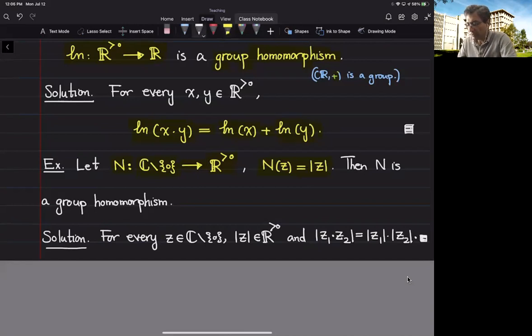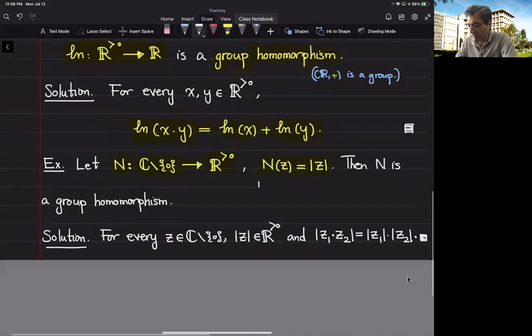So let's recall that the absolute value of x plus iy for real numbers x and y is the square root of x squared plus y squared. So intuitively, it is the Euclidean length of the segment that connects 0 to z, when I think about z as a point in the complex plane.